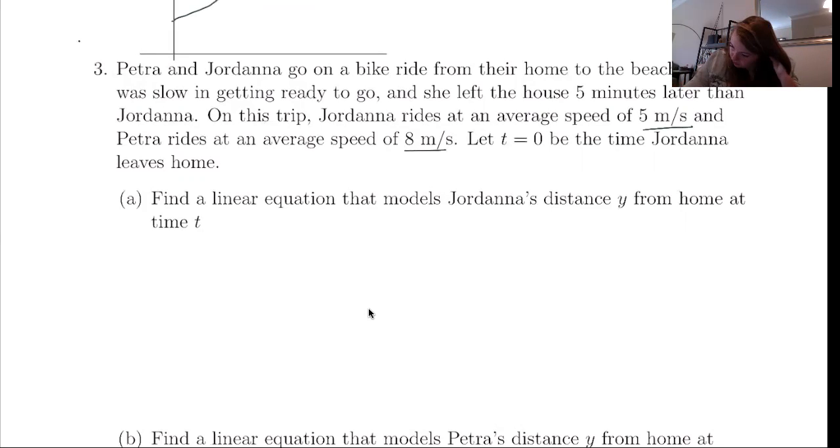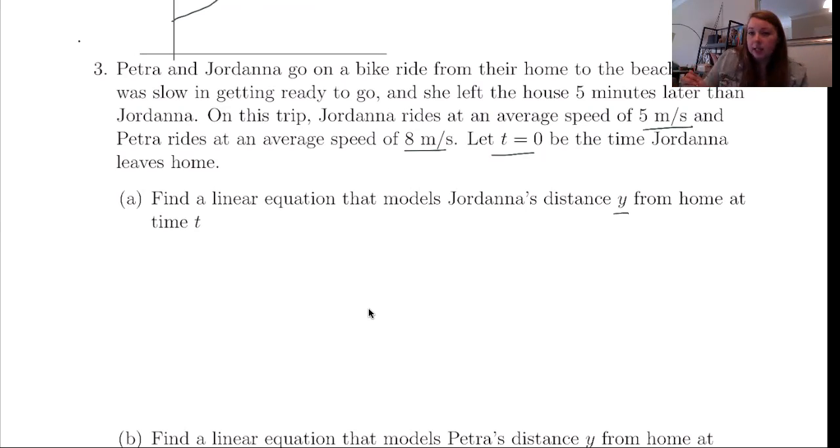So let t equals 0 be the time when Jordana leaves home. Find a linear equation that models Jordana's distance y from home at time t. Okay? So at time t, where is Jordana? Let t equals 0 be when Jordana leaves home. So she's just taking the step outside the front door, but she's still at home. She's just leaving, right?